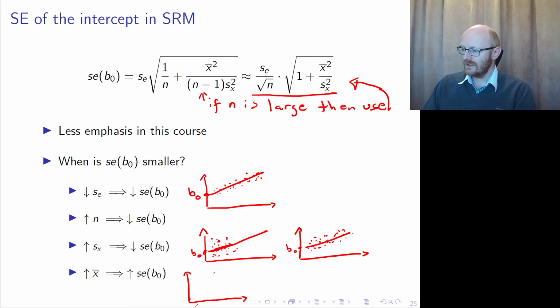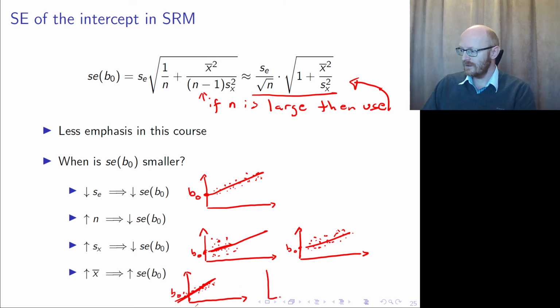You can think of it as if your data points are close to the y-axis here, then you have a lot of information already as to where the intercept might be.